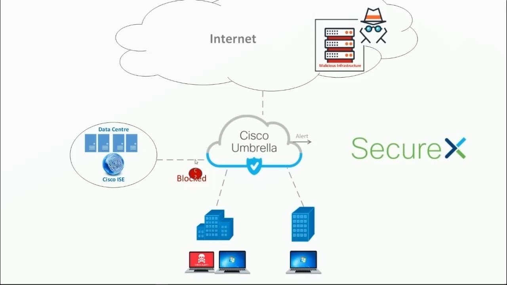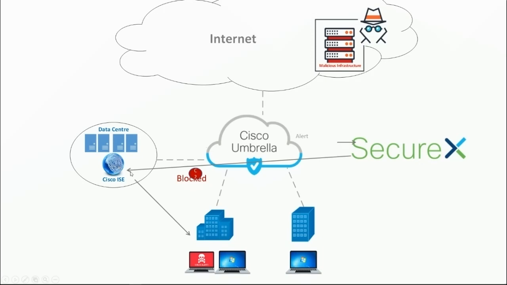So, with the help of the SecureX orchestration workflow, which I have created for this example, we will keep checking Umbrella for those types of critical alerts. And once it is discovered, Cisco SecureX is going to contact Cisco ISE to take the desired action, which will eventually quarantine the infected system at the network access layer.